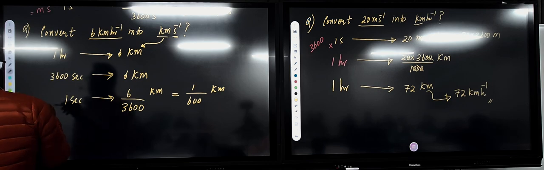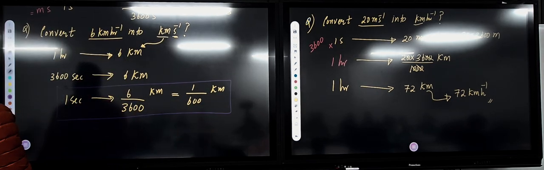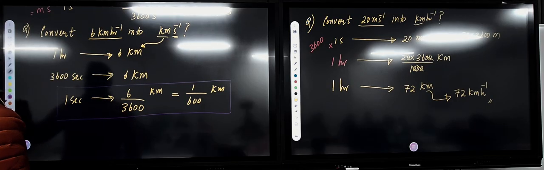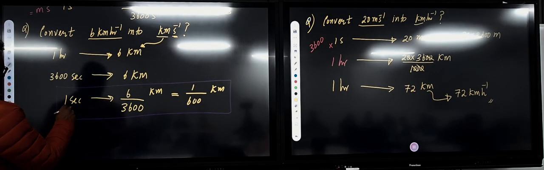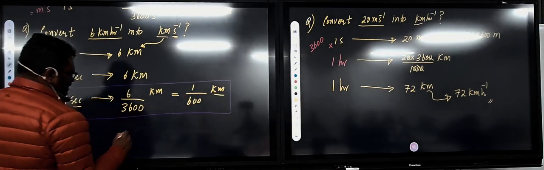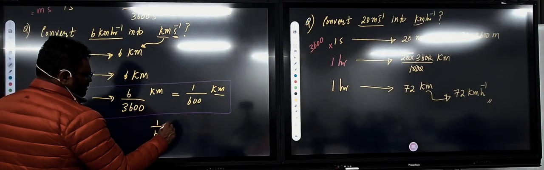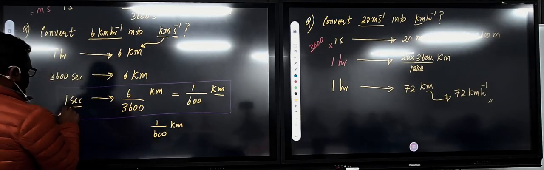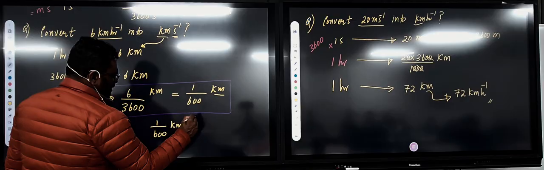If you look into this guy here, you can write this as 1 divided by 600 kilometers. So here you have seconds. So it's going to be per second.